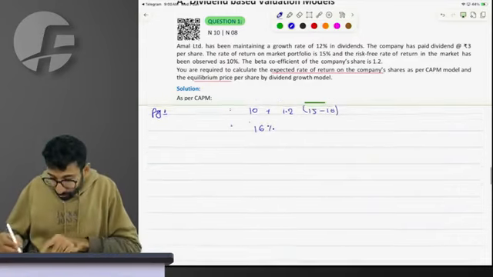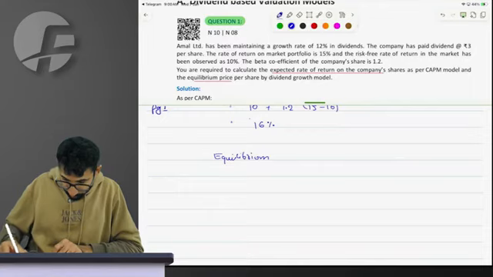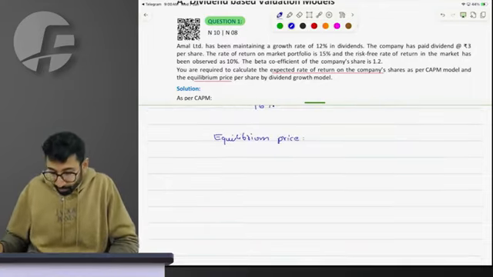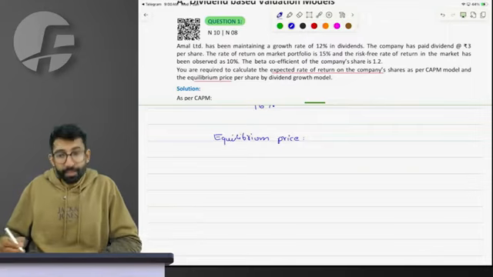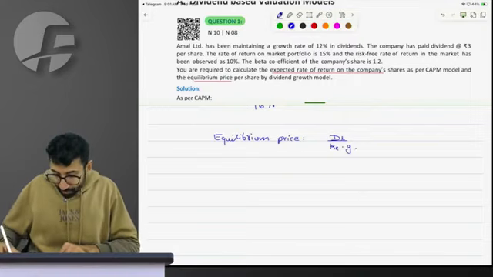Now the next you have to calculate is the equilibrium price, which is again extremely easy. The equilibrium price is D1 divided by K minus G. Sir, what is D1?